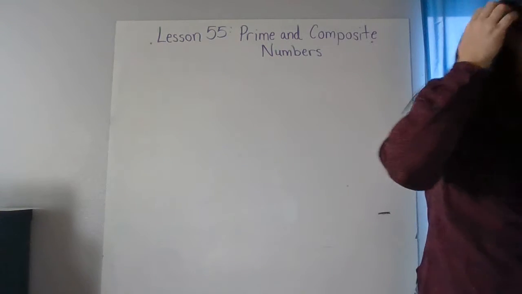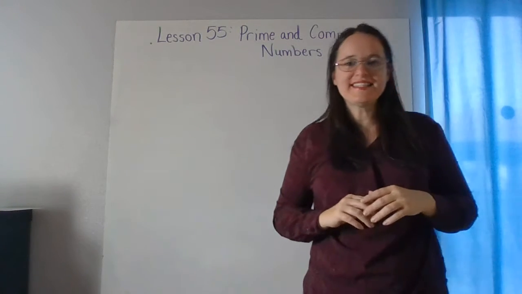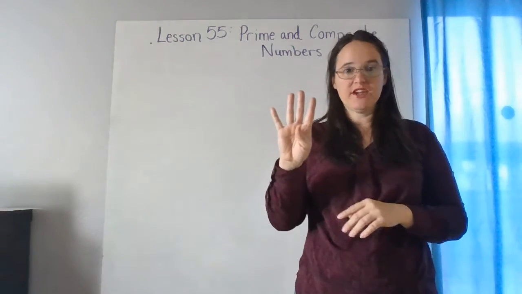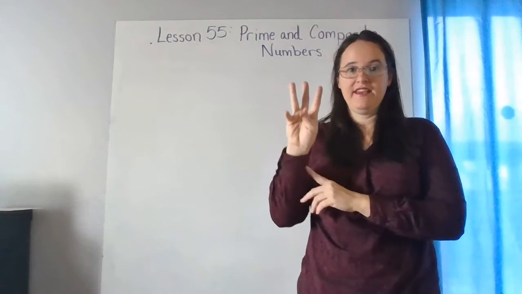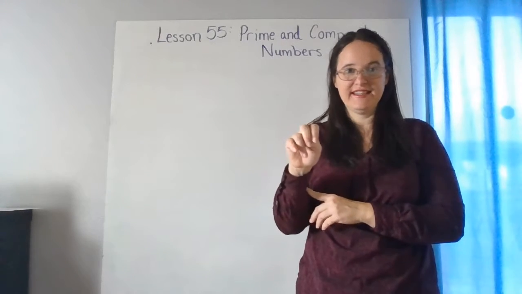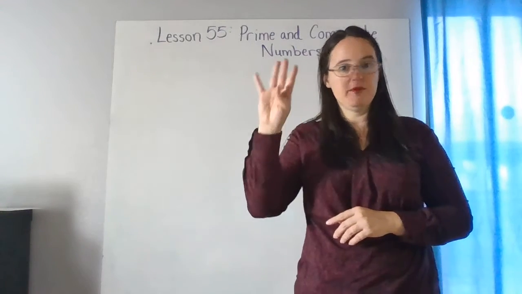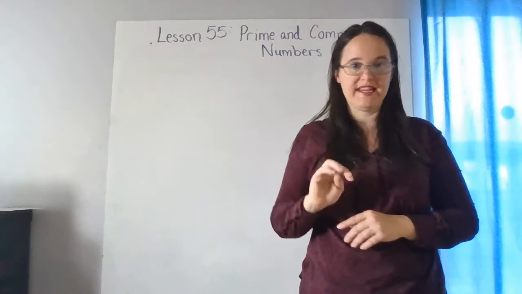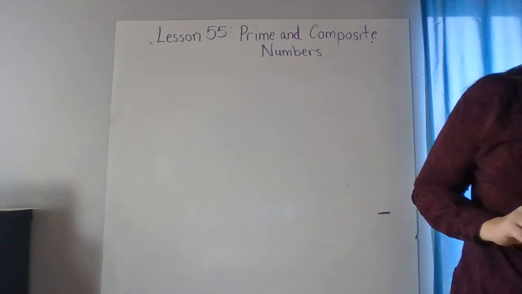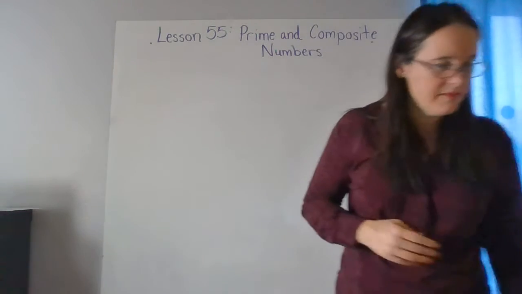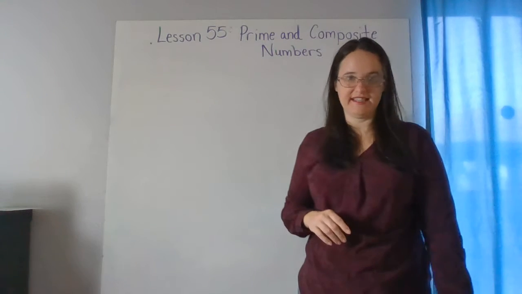All right, so our first example says list the first 4 multiples of 7. So we start with 7, 14, 21, 28. 4 multiples of 7, we are just counting by sevens. 7, 14, 21, 28. So the second example says, what is the 4th multiple of 6?